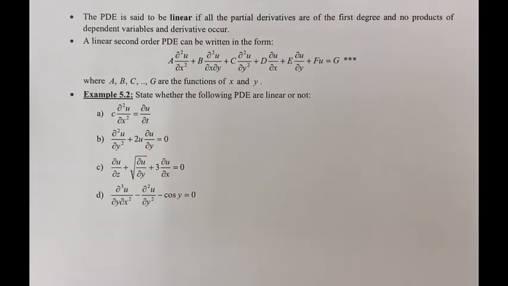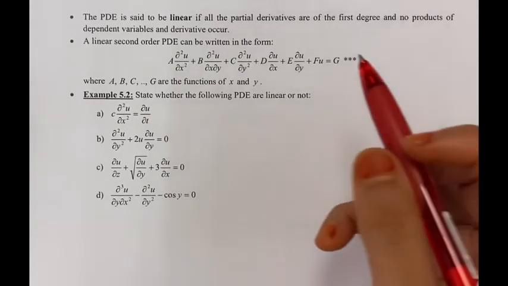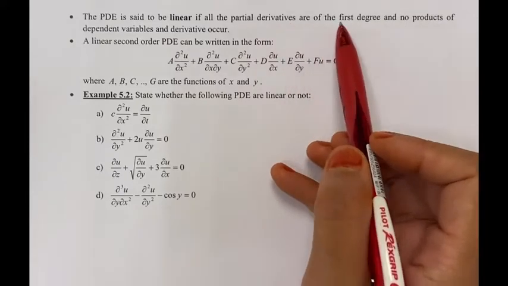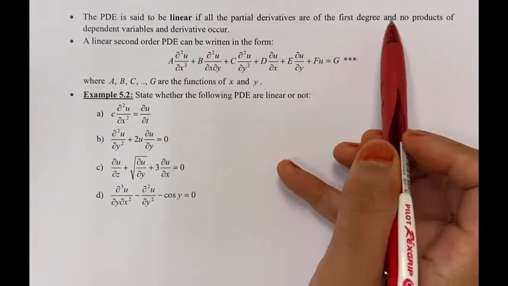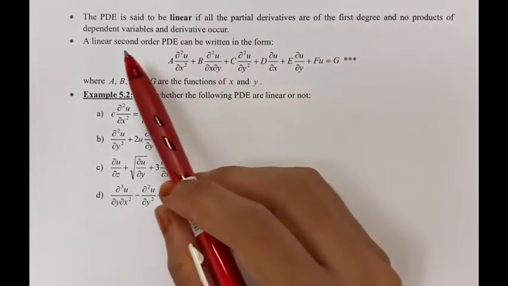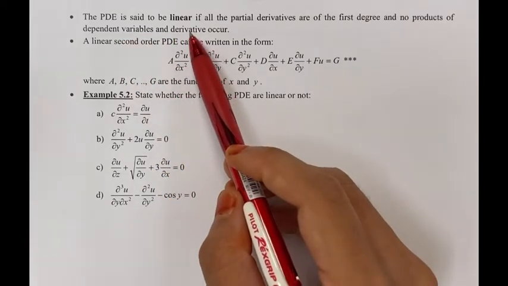The PDE is said to be linear if all the partial derivatives are of the first degree and no products of dependent variables and derivatives occur.